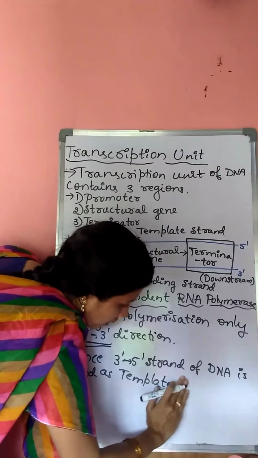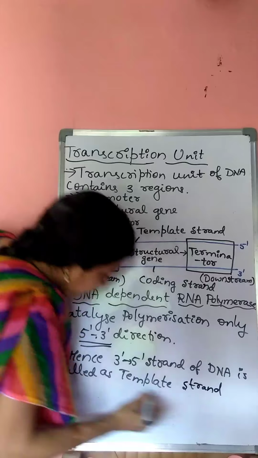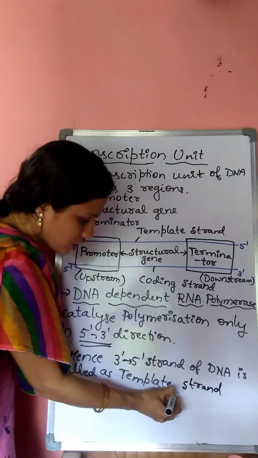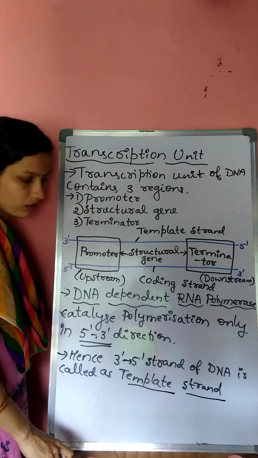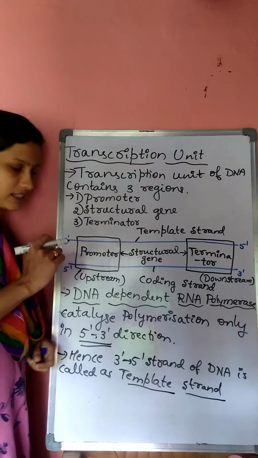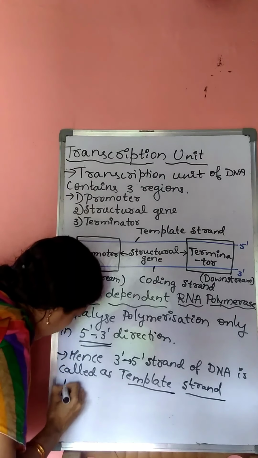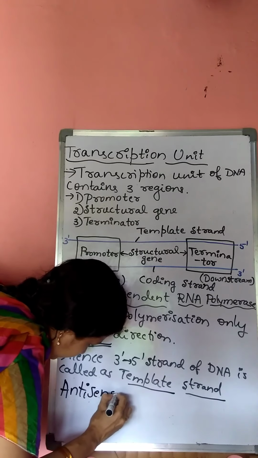The polynucleotide strand of the DNA having the polarity of 3' to 5' is called template strand, and it is also called antisense strand.